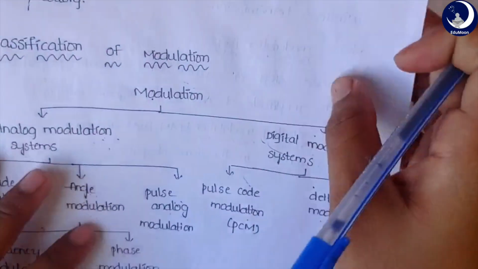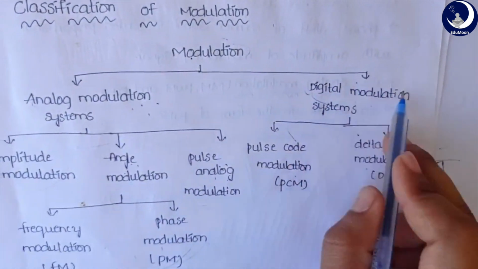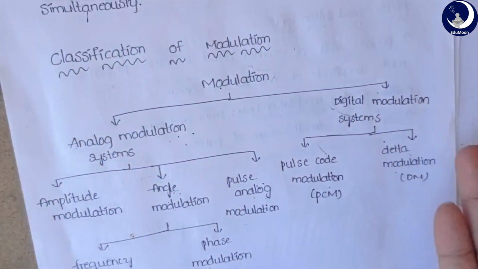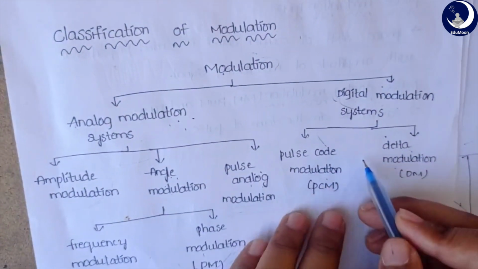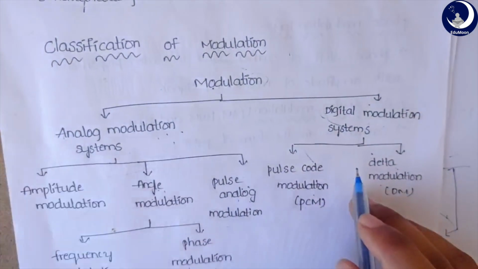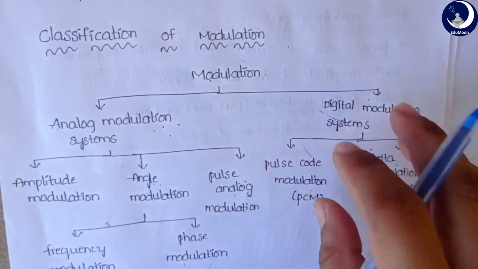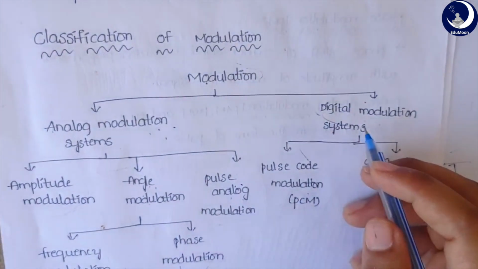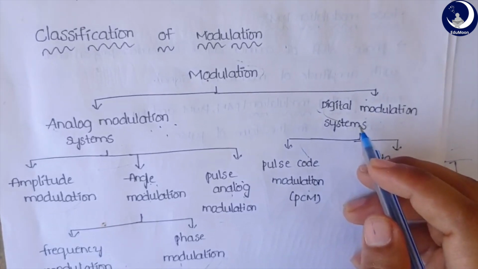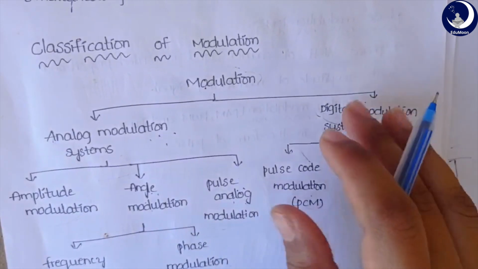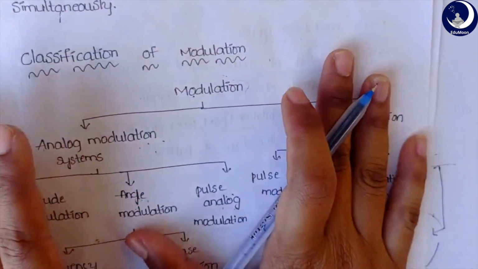And in classification, another one is digital modulation, right? I'm not going to give a brief explanation about this, because this is not much important in analog communication. It's totally digital communication. Actually, in digital modulation we will be having digital signals which we will modulate. So that's it about classification of modulation.